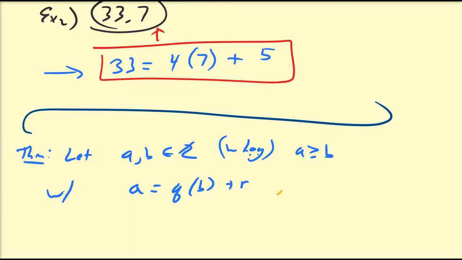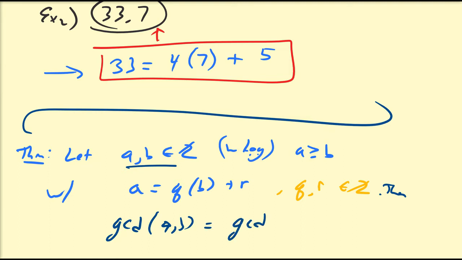And of course here we can assume or prove that Q and R are integers, right? Then the greatest common divisor of A and B, namely the two integers we start with, is actually equal to the greatest common divisor of B and the remainder that is generated from that division, right?